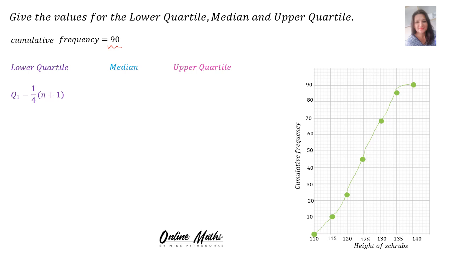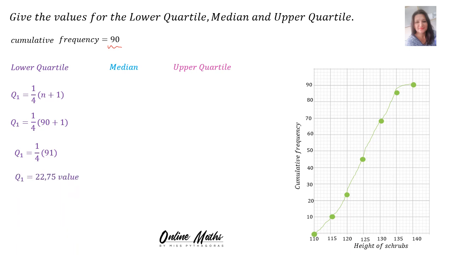Remember, that formula doesn't give you the answer, it gives you the position of where you will find the answer. For Q1, n is the cumulative frequency, 90, so it's a quarter of 91.